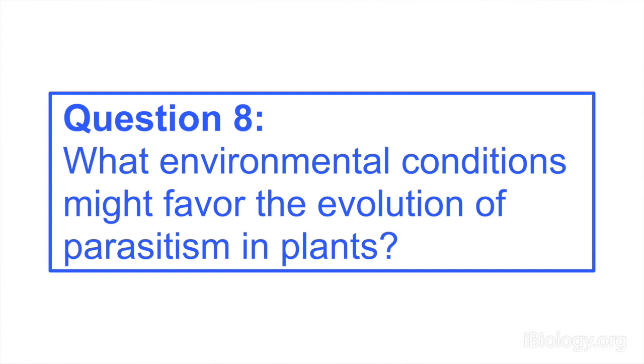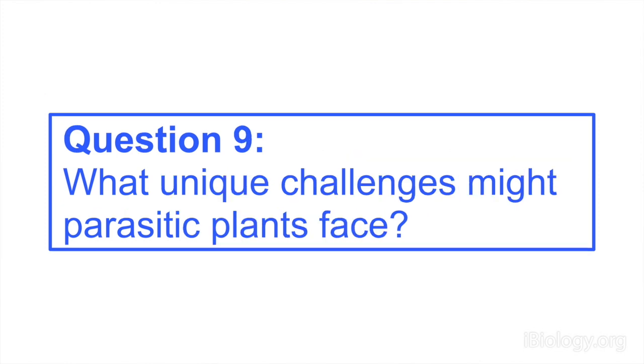So before we end this, I have 3 final questions for you to consider. First of all, what environmental conditions might favor the evolution of parasitism in plants? Think about things like climate, resource availability, and the other plant and non-plant members of a particular community. Next, what unique challenges might parasitic plants face?